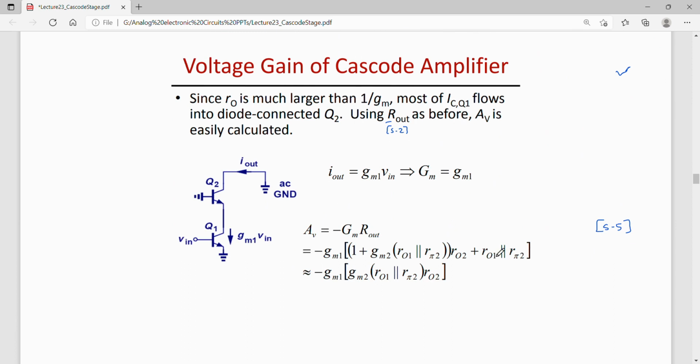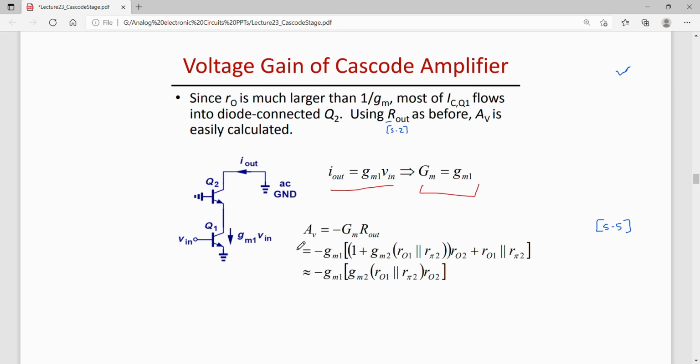Yeah, so this is the same. One can find out the gain by calculating I out by V in, by shorting the output to ground. In fact, one can write I out is equal to GM1 V in, so I out by V in is equal to GM1, or GM is GM1.